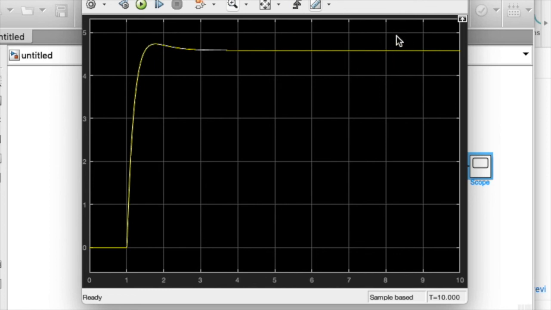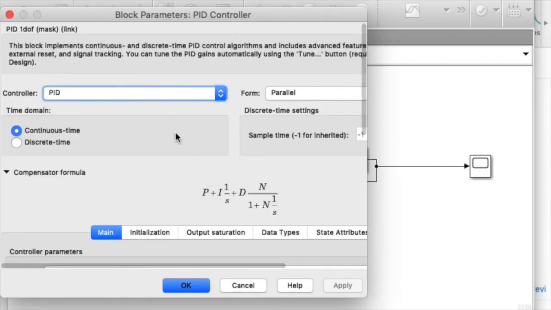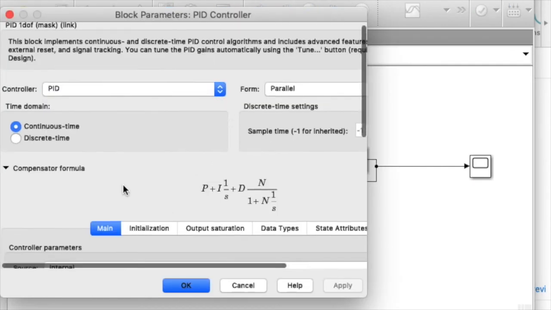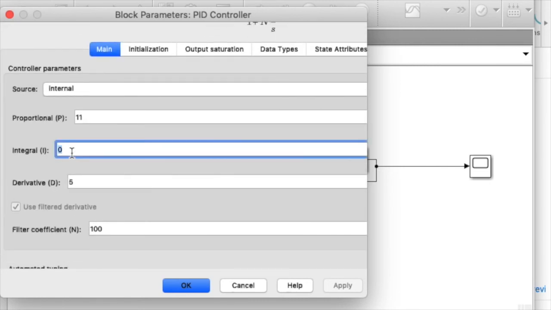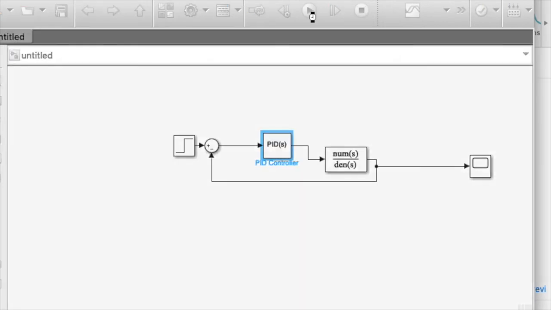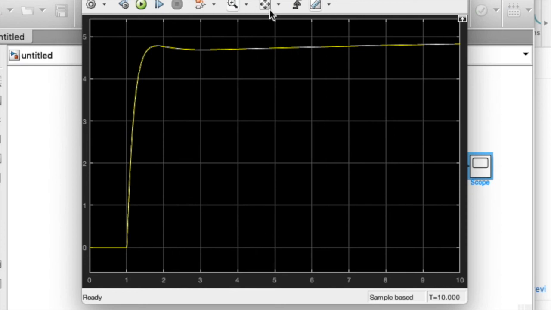So there is a steady state error here. So if I put an integrator here, which of course we did not derive here, but randomly if I put an integrator, it should improve, let's say 1. Did it improve a little bit? A little bit.